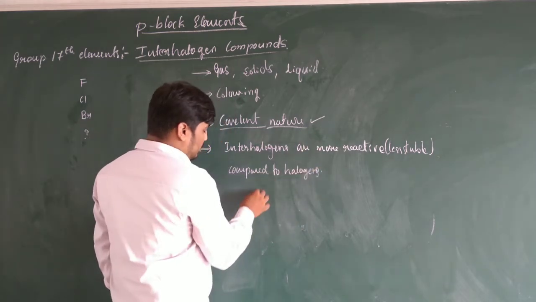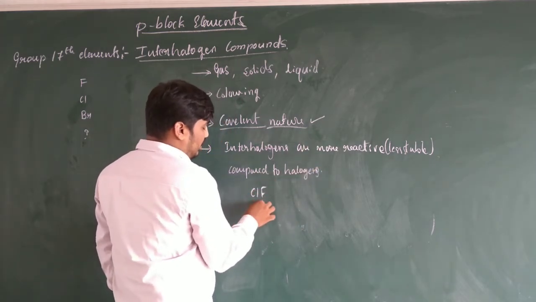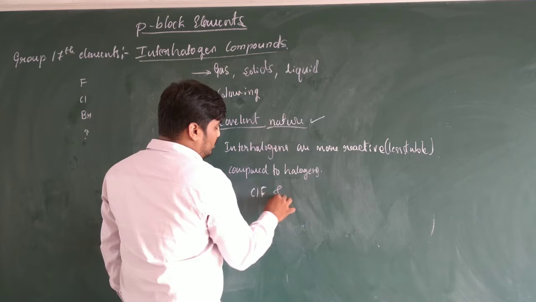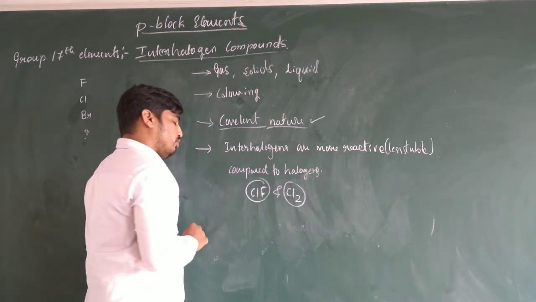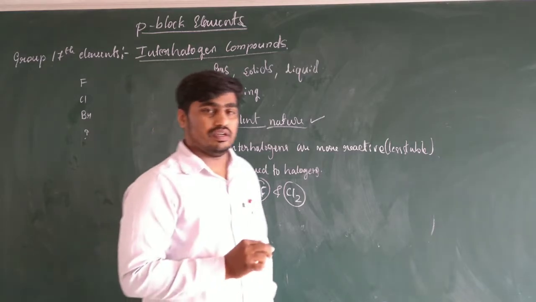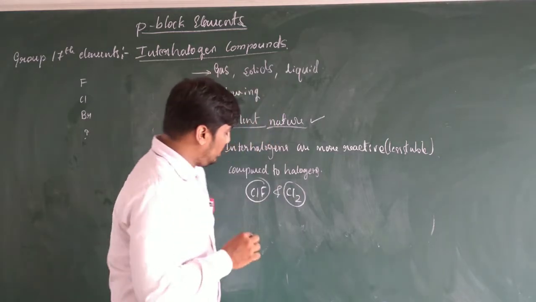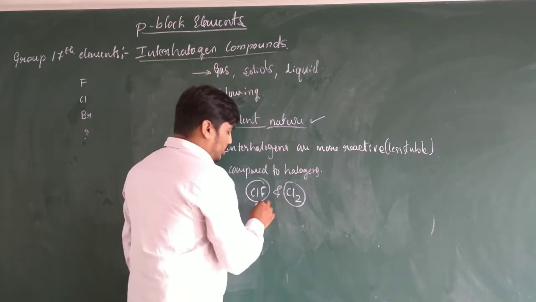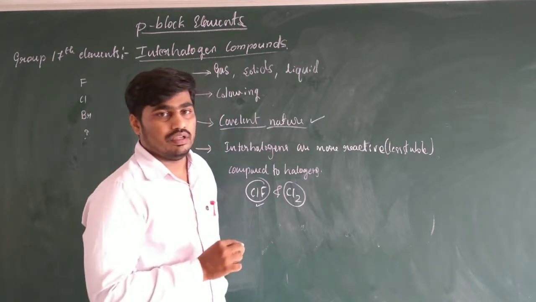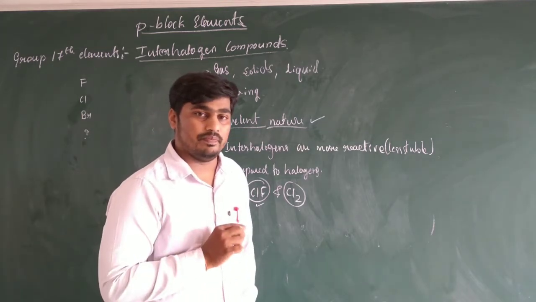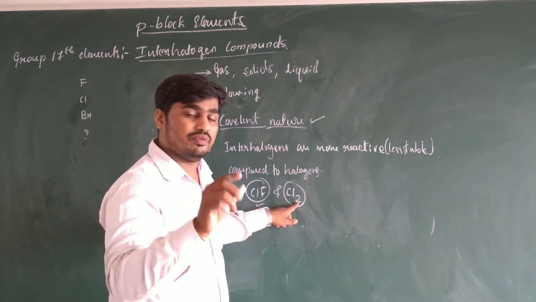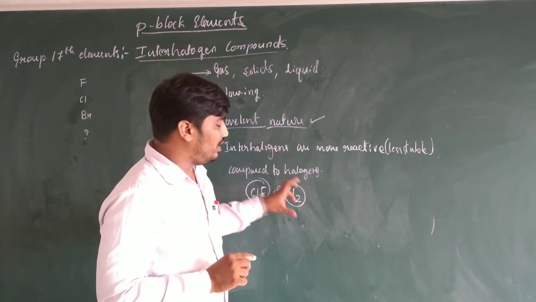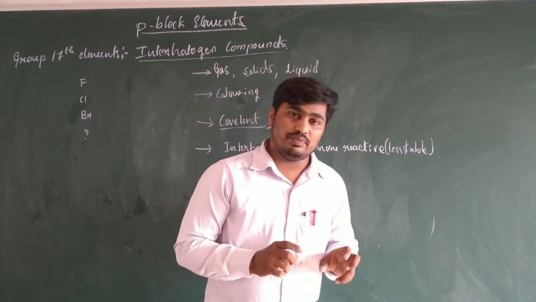That means when we compare ClF and Cl2, ClF is more reactive, less stable. Cl2 is stable because of that diatomic state. The chlorine in its diatomic state is more stable.